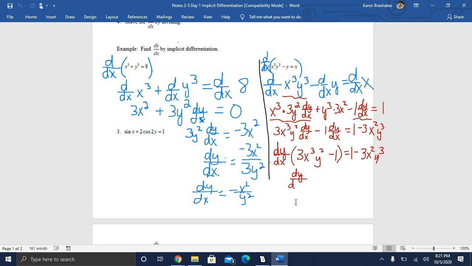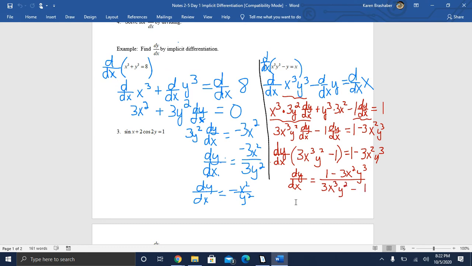So dy dx equals, and then in my numerator, 1 minus 3x to the second, y to the third. And in my denominator, what was in the parentheses, 3x to the third, y to the second, minus 1.